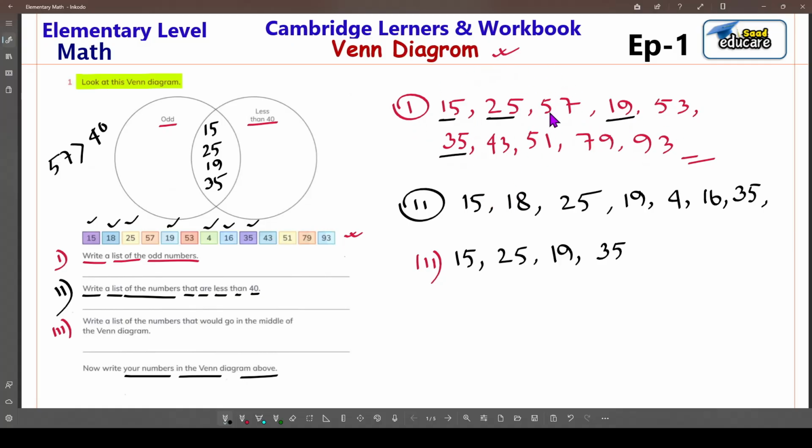So the balance one, 57, is more than 40 and an odd number, so we can write it in here, right? 57. Then 57 is done.